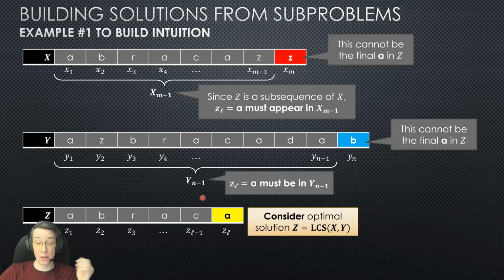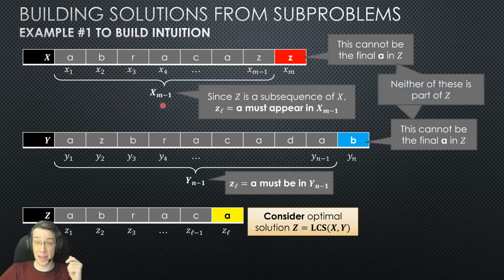So it turns out we don't need this final b in order to compute the LCS, because the entire LCS can be found in this prefix of y. Similarly, we don't need this final a, because the entire LCS can be found in this prefix of x, xm minus 1. So neither of these letters is part of z.